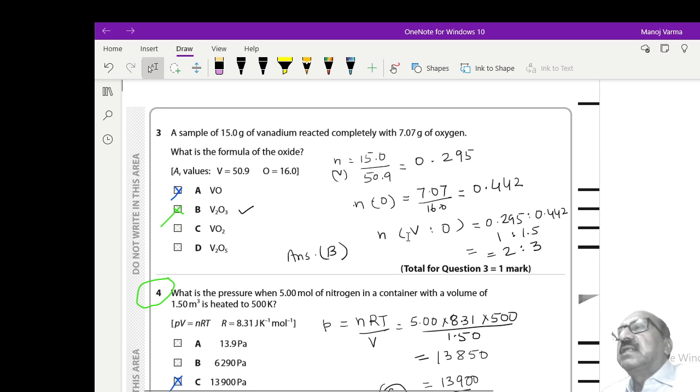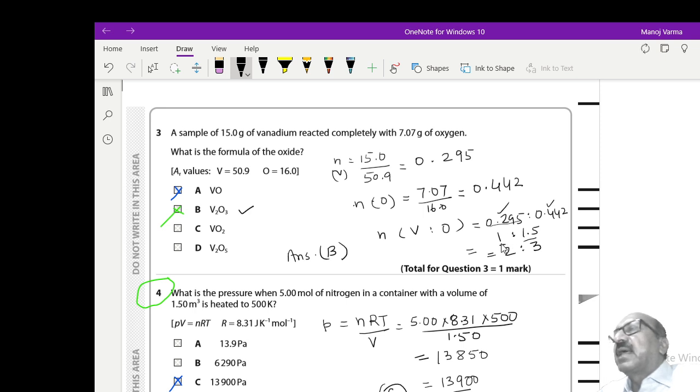So you get the ratio of the moles as 0.295 is to 0.442. Now if you divide both these values by 0.295, this part becomes 1 and this part becomes 1.5, which is not a whole number ratio.